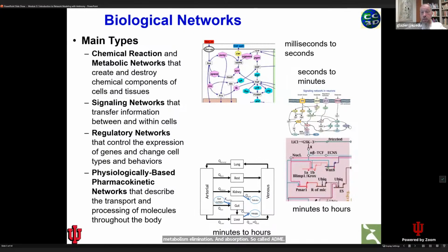If you take a pill and you want to know how long it takes for the molecules in that pill to get to a particular organ, how much of the particular molecule gets to a particular region of the body, or if you want to evaluate how effective it's going to be or what kinds of side effects it's going to have, those are the models that are used.